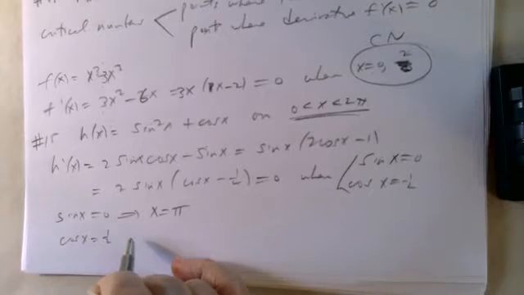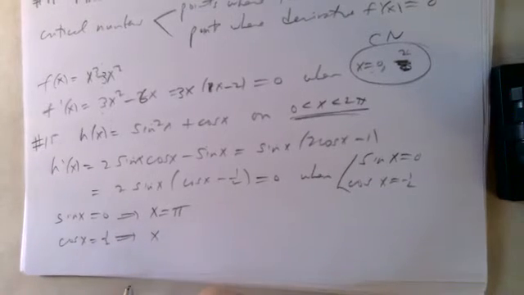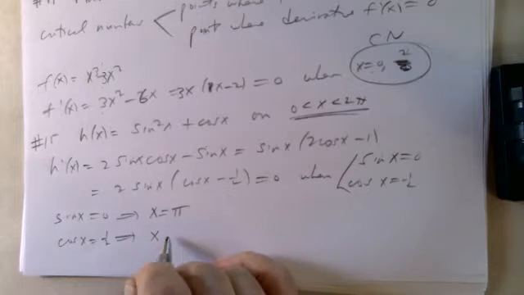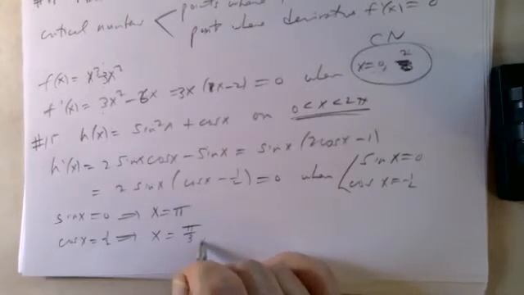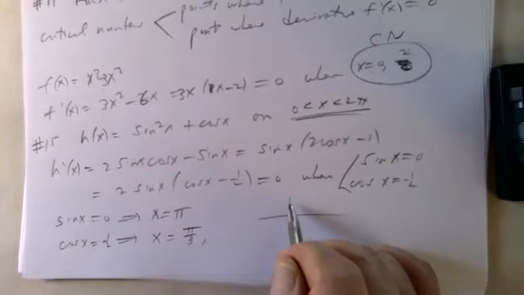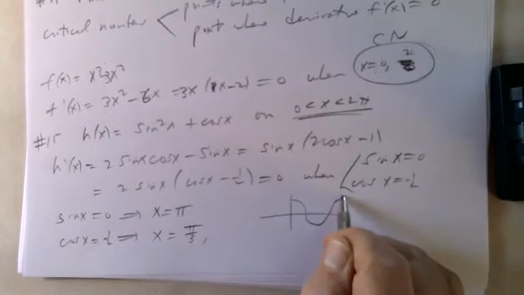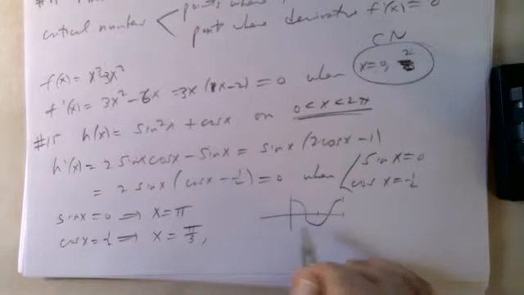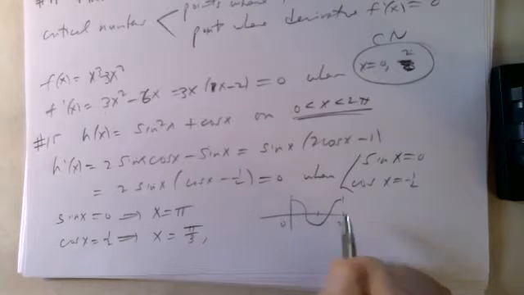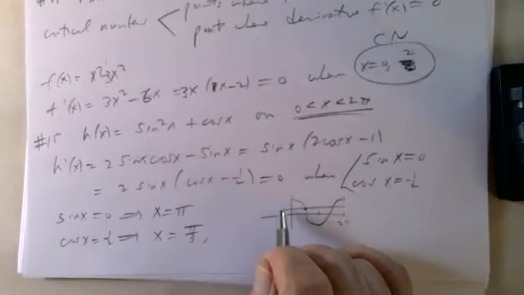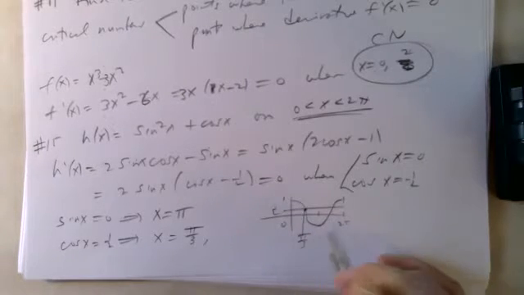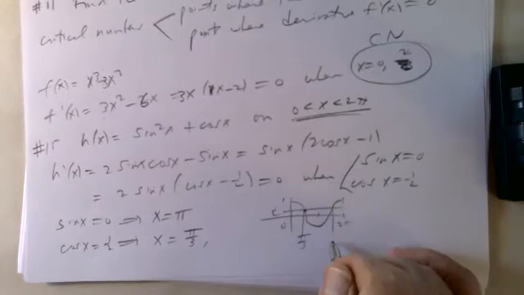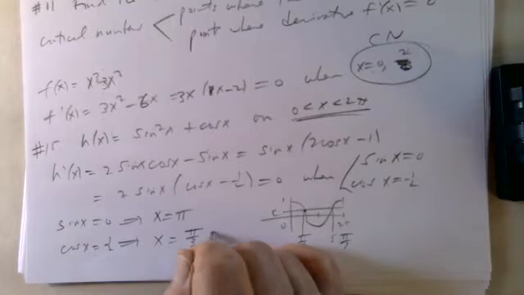Cosine x equals a half means, so what are the values of x when the cosine is equal to a half? It's equal to pi over 3. And remember, this is the graph of the cosine, 0 to pi. It's equal to a half at pi over 3 and 5 pi over 3.